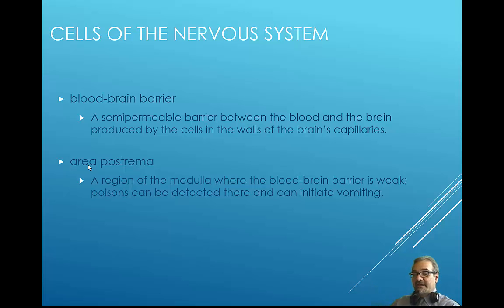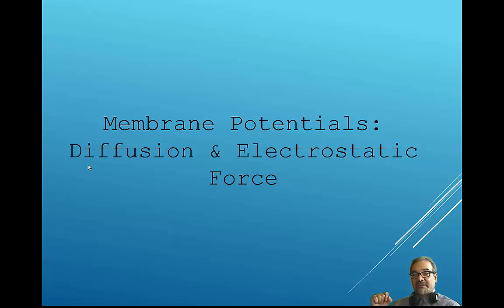Now that we've covered this section of my lecture, let's move to the next section. We've covered the basic structure of neurons and the glia, the two videos I talked about. Now we're going to cover membrane potentials, diffusion, and electrostatic forces.